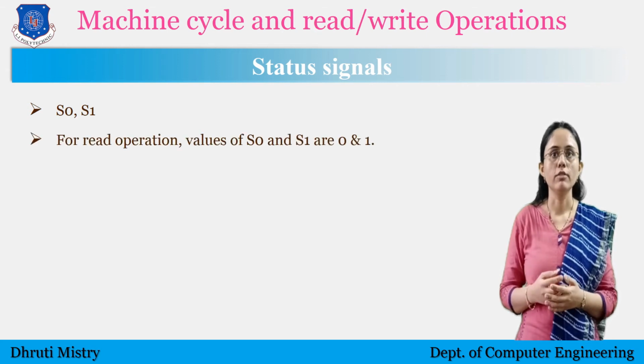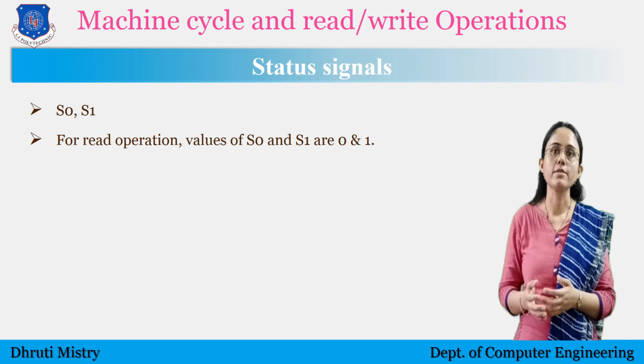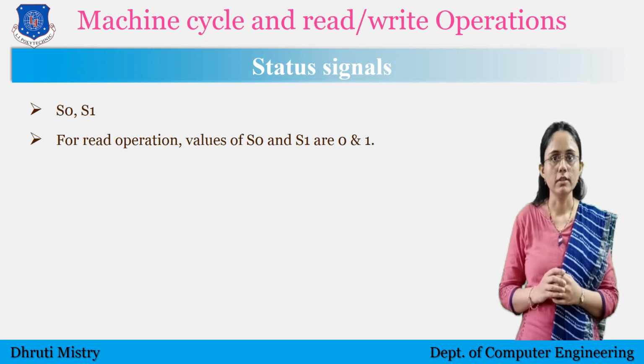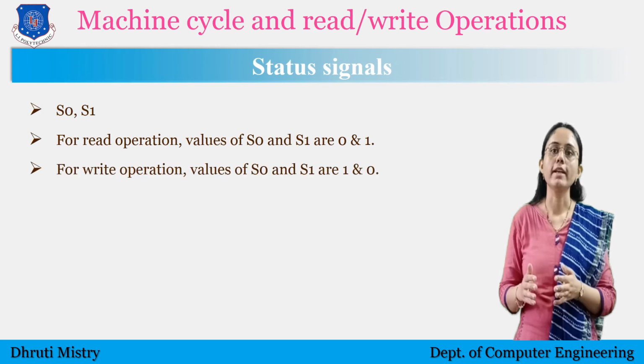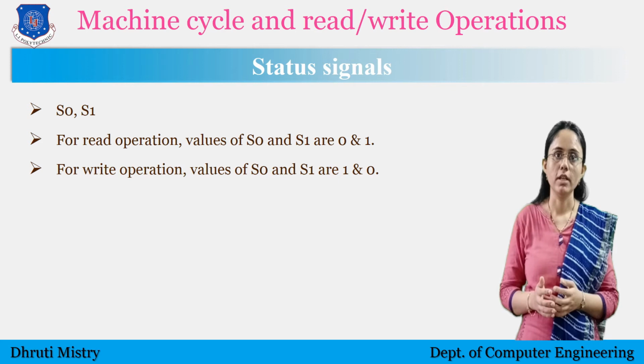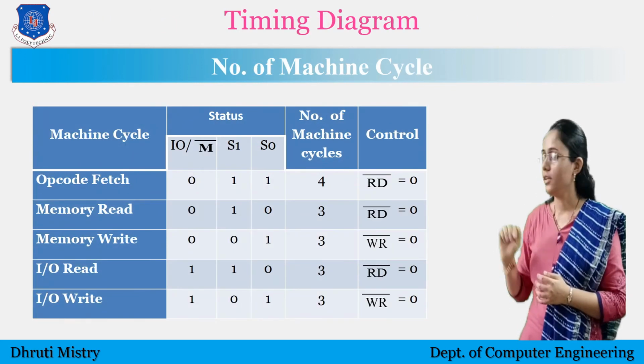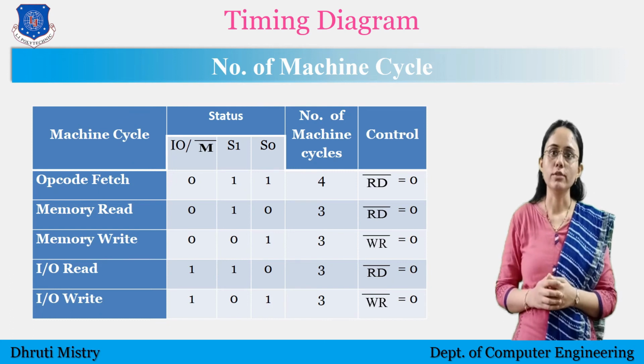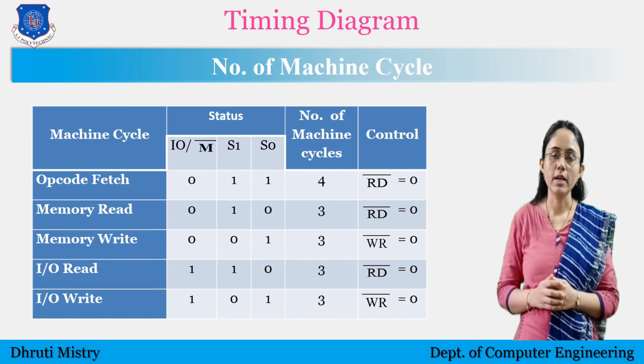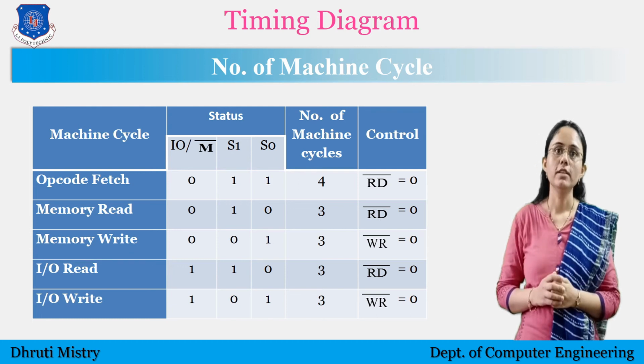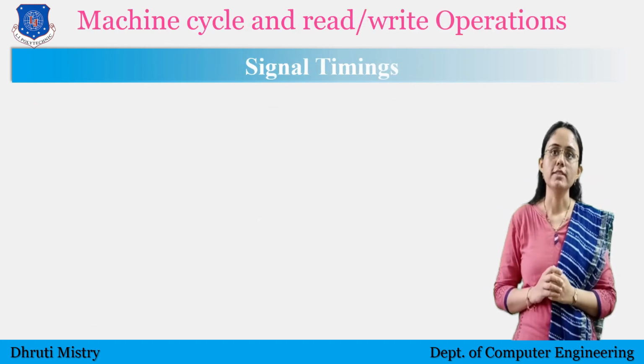For read operation, the values of S0 and S1 are 0 and 1, and for write operation, the values of S0 and S1 are 1 and 0. Now, all of you are able to understand this table that represents the values of the input-output memory bar, S0 and S1 signals. Let's learn other control signals and their working.